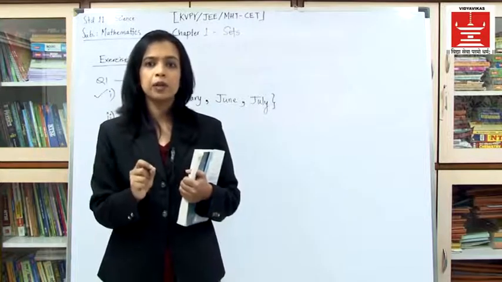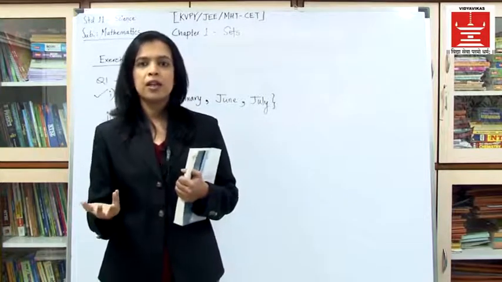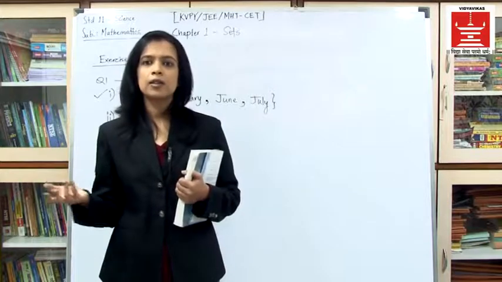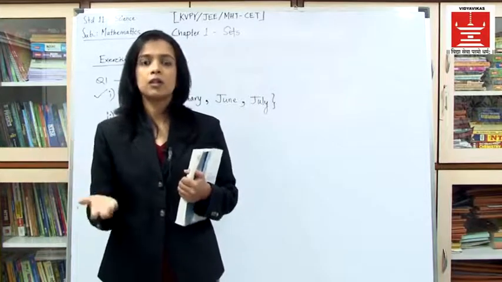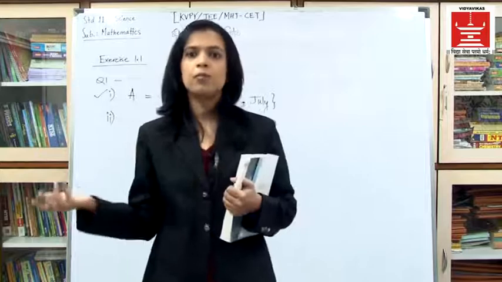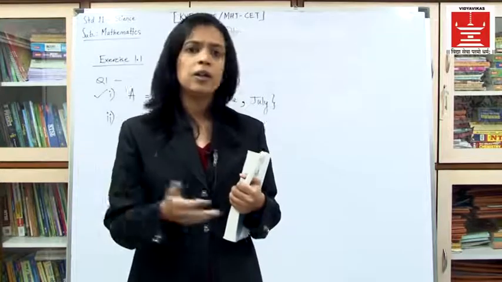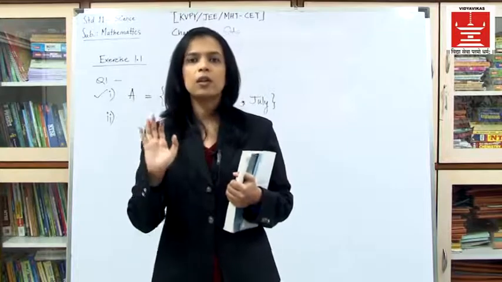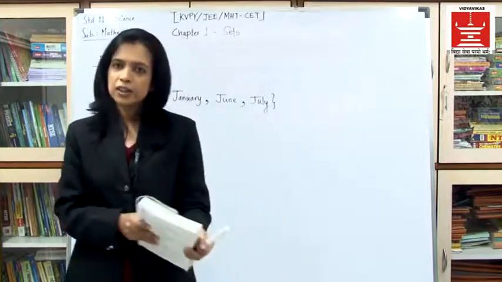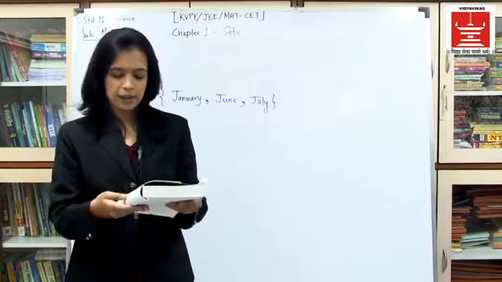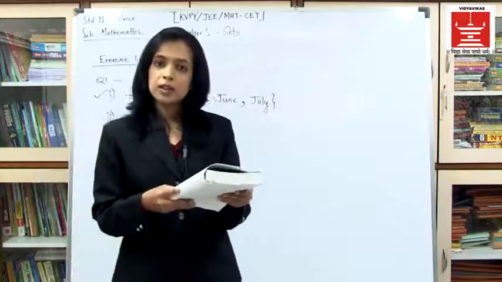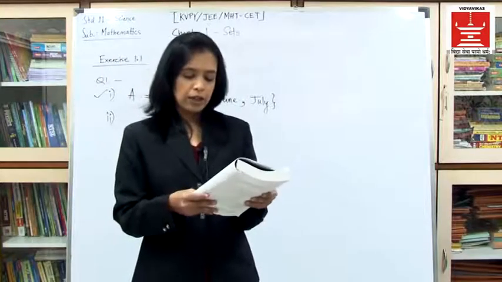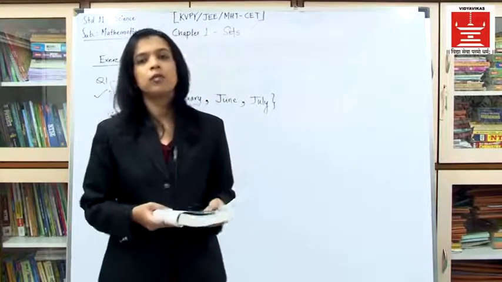There is ambiguity. So some may say there are some Marathi authors, some may say no, there are some English authors, some can say no, there are some great authors in Kannada also, and many other languages of India. So this is not a well defined collection, and hence it is not a set. Similar with question number 3, a team of 11 best cricket batsmen of the world.